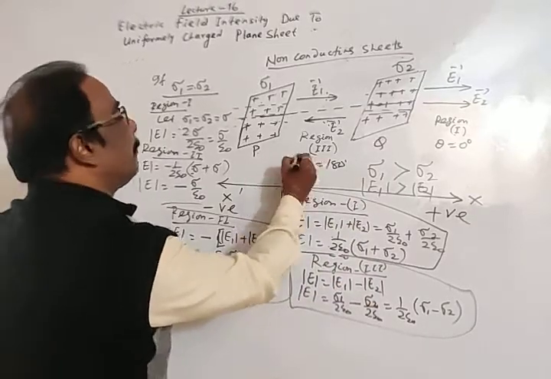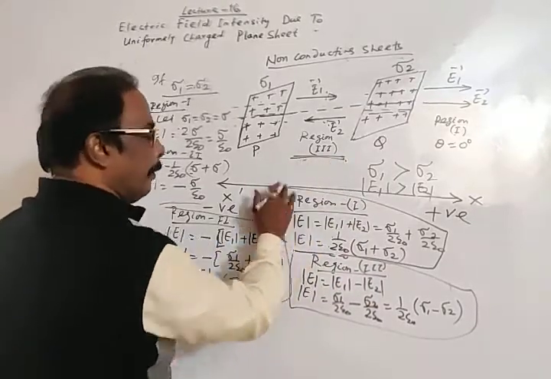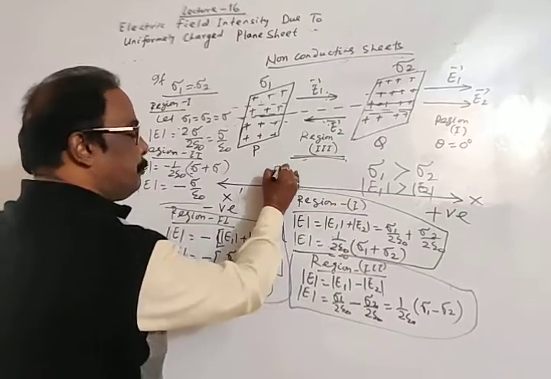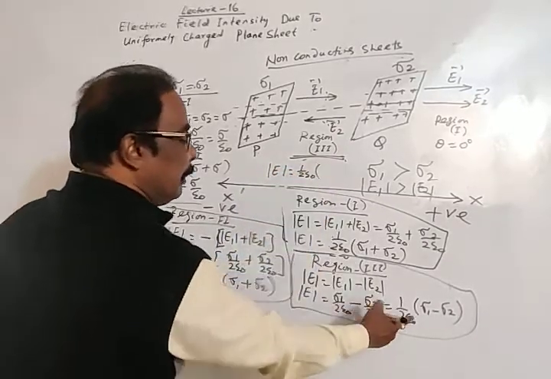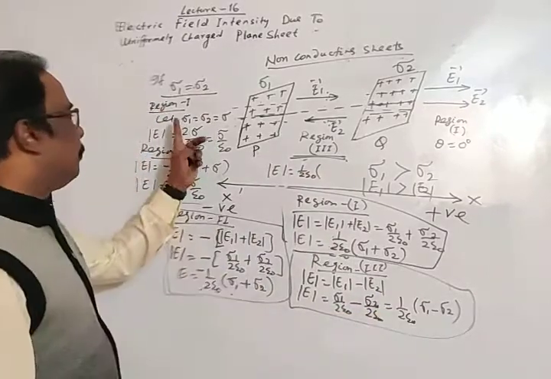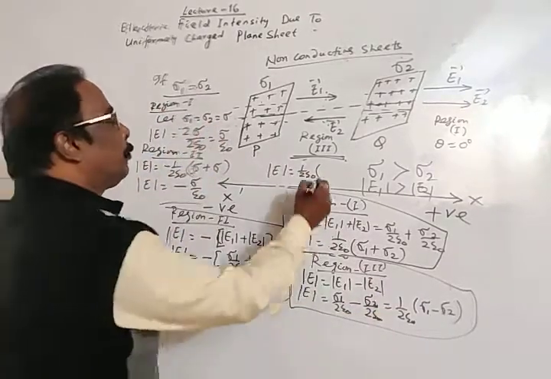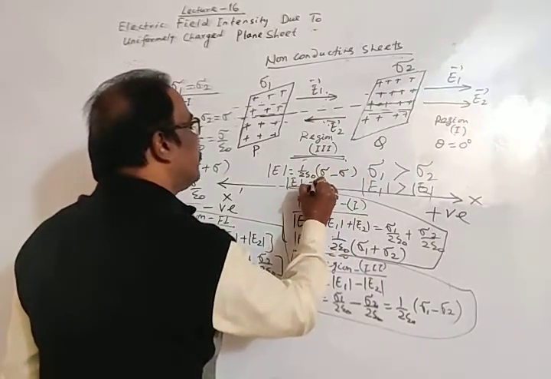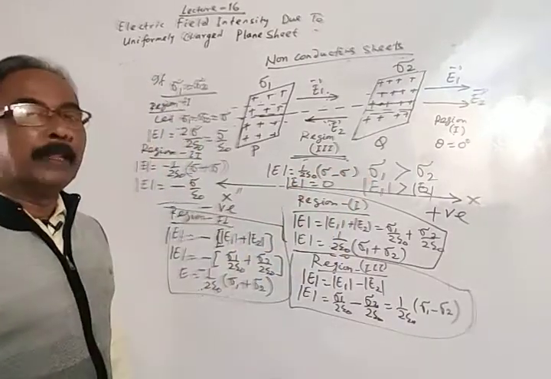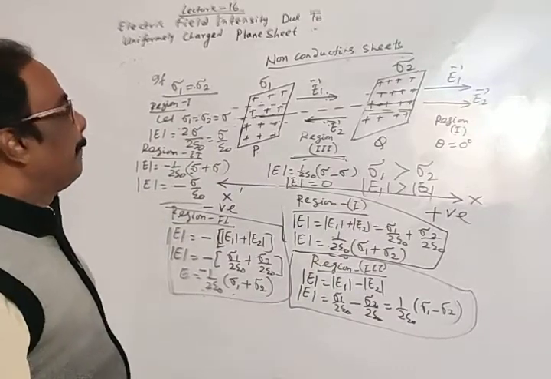For region 3, the magnitude of the resulting field intensity is 1 by 2 epsilon naught times sigma 1 minus sigma 2, but sigma 1 is equal to sigma 2, so sigma minus sigma, so the magnitude of the resulting field intensity is 0 in region 3.